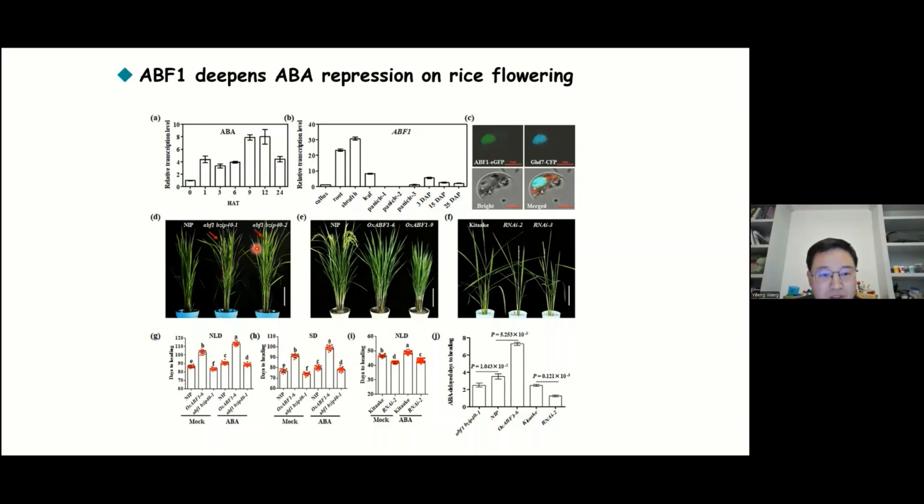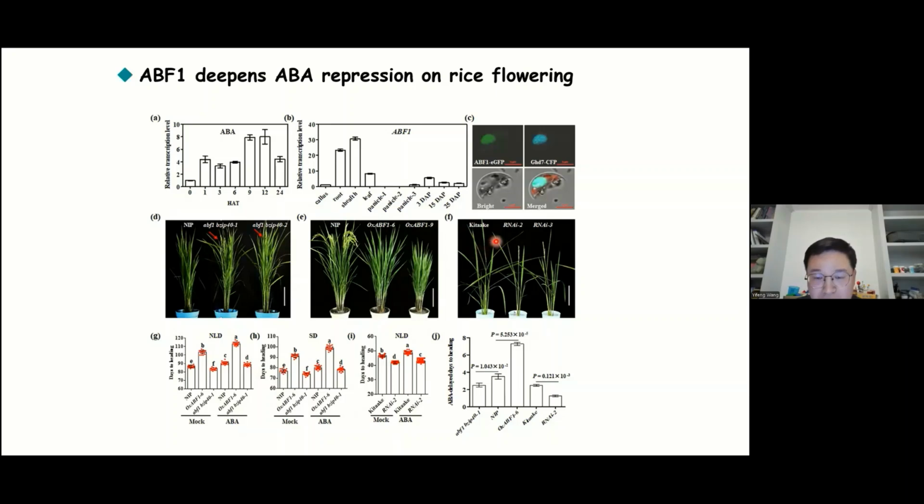And then we generated ABF1 and its homolog bZIP14 double mutants, and found that this mutant showed earlier flowering compared with the wild type, whether under long day or short day conditions. However, the ABF1 overexpression line showed a later flowering phenotype, and application of exogenous ABA treatment can enhance such a phenotype.